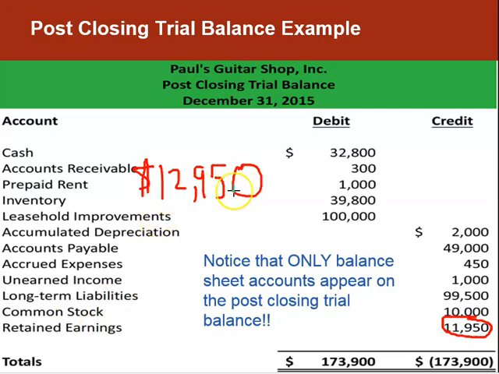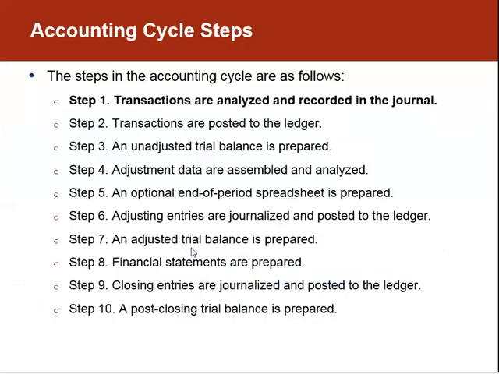That's the $12,950 net income from the income statement minus the $1,000 in dividends we paid, which equals this $11,950 here. So I just wanted to give you a little bit of insight into how we come up with those numbers. Looks like we got one more slide.